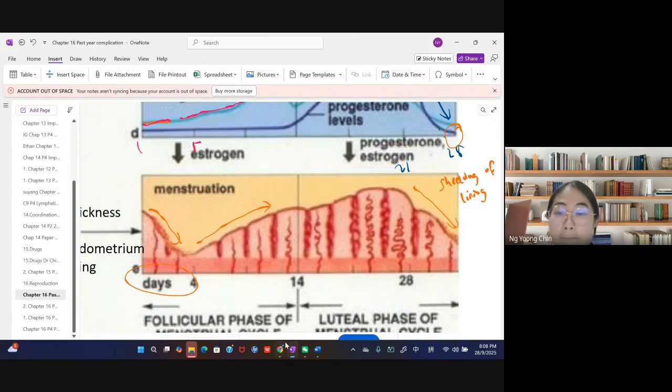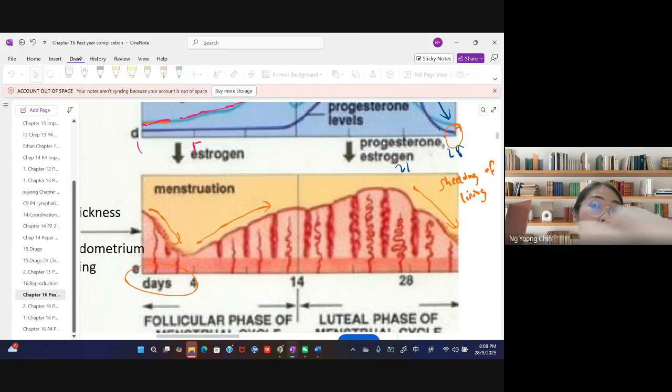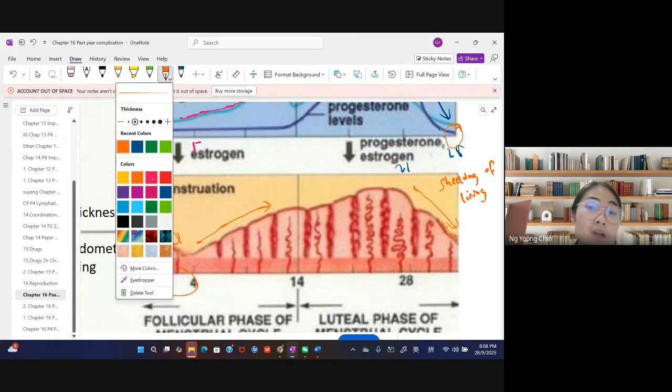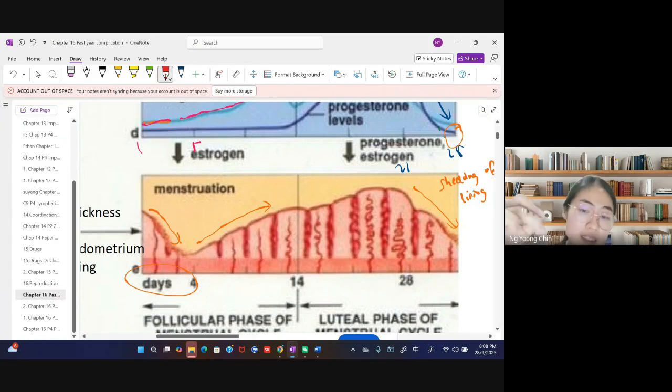Vascularized, so you can see the blood vessels. Initially, the blood vessels are not very prominent, not too obvious, just very small like this. But after that, when the estrogen and progesterone levels increase, you can see the blood vessels become much more prominent.